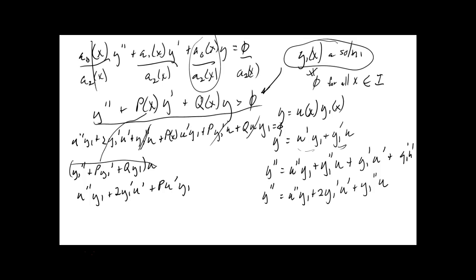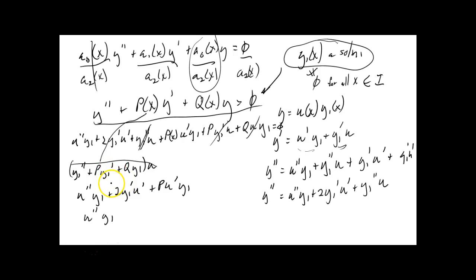This is what's left over. Okay? Now, if you'll notice here, you got a u double prime y1. Okay? Plus 2 y1 prime plus p y1 times u prime is equal to 0. I think that's where I want to go with it.